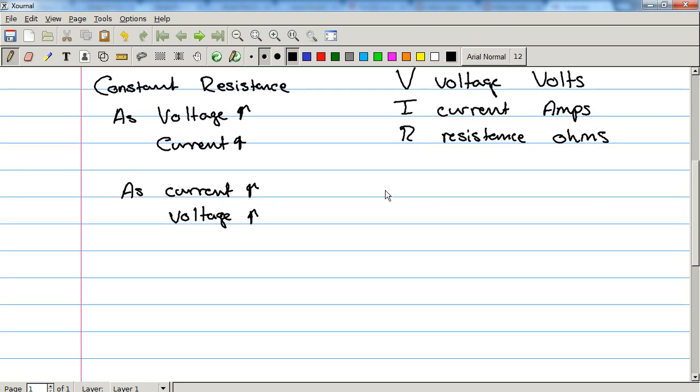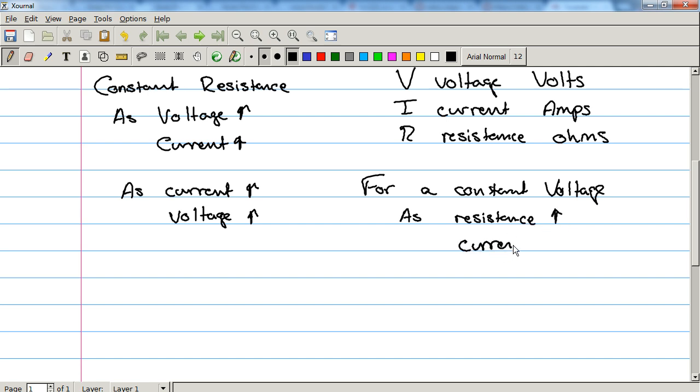You can also say a couple of things about the resistance. For a constant voltage, as resistance increases, current decreases.